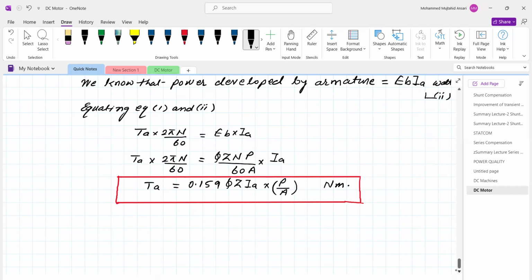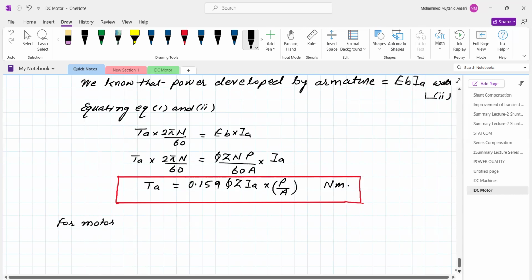So these parameters Z, P and A are constant for a particular motor once it is designed.